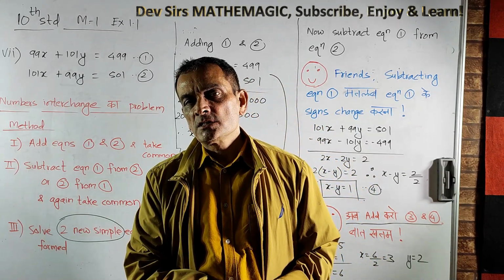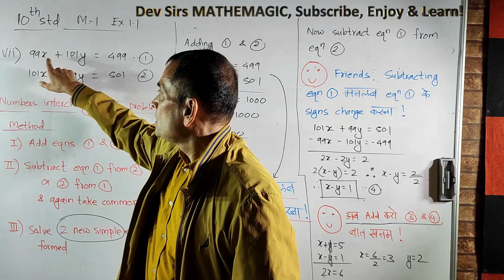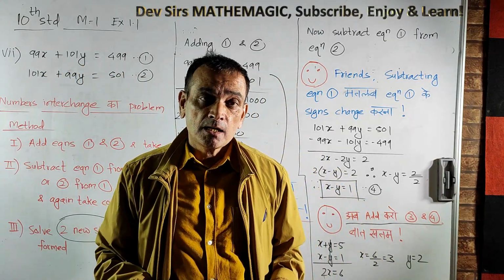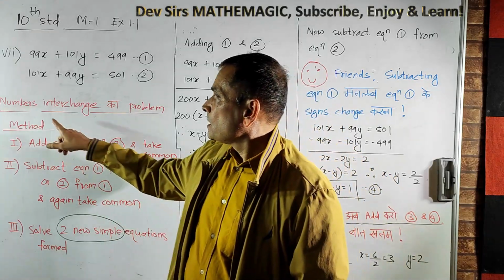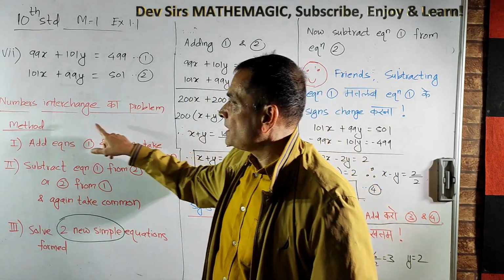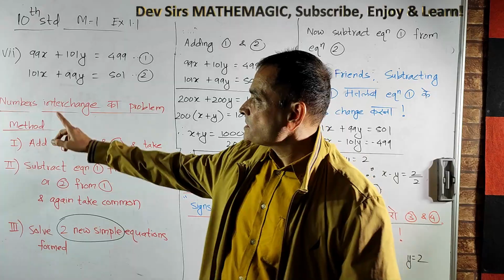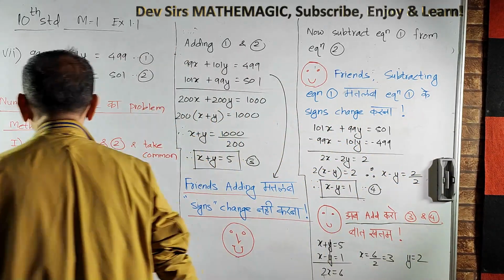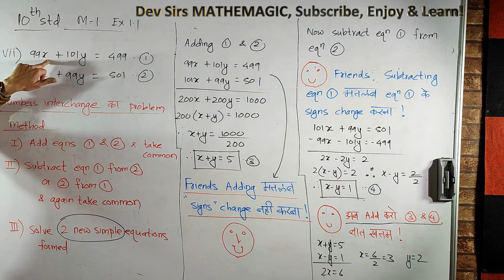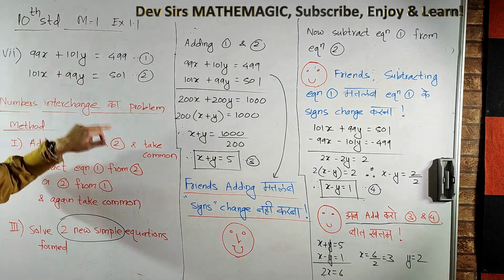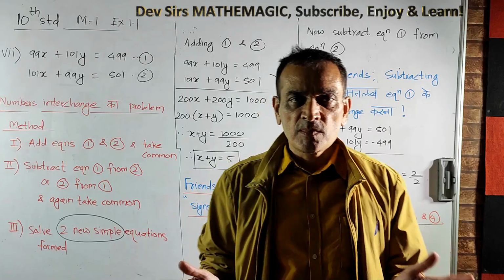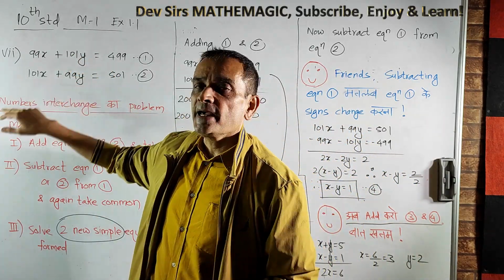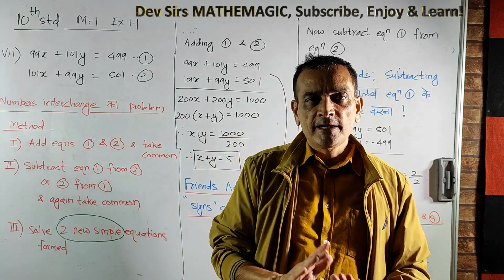The one thing that you have noticed is the numbers are a bit big, big numbers are there. Secondly, it is a numbers interchange problem. That means what? 99x is here, 99y is here. 99 has been interchanged. 101y is here, 101x is here. 101 has been interchanged.